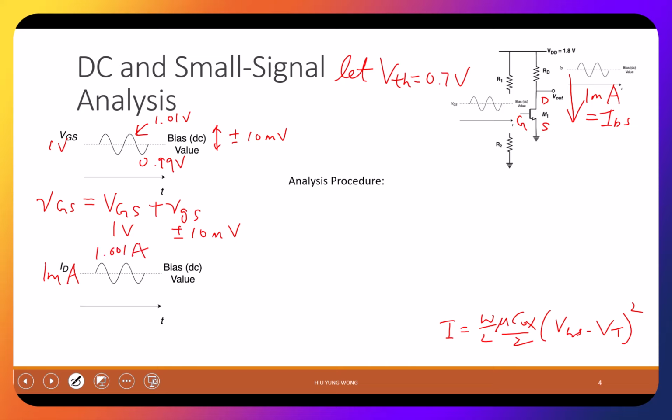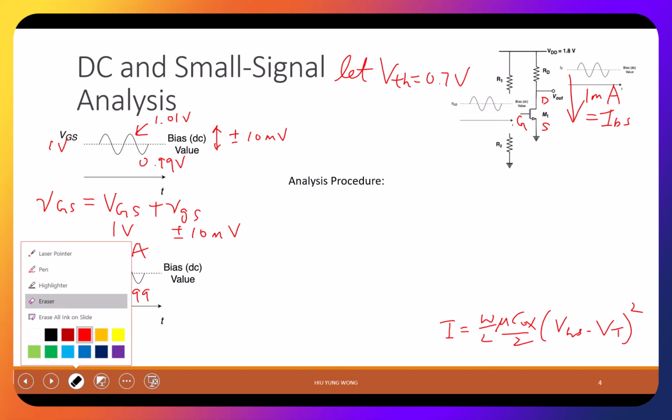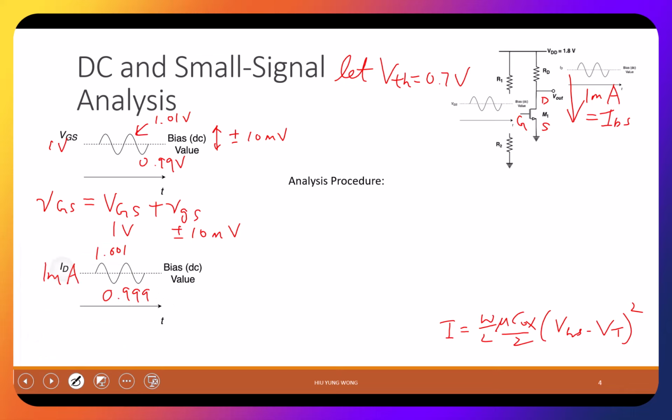And when VG decreases to 0.99 volt, this might be 0.999 milliampere. So I can also say that the current here is the DC current plus minus 1 microampere. Make sense?